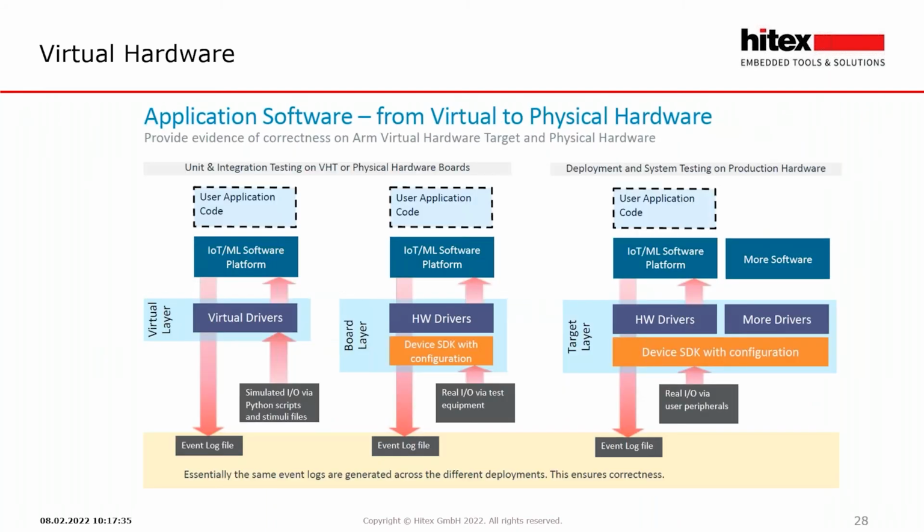So from that model, we have our virtual drivers, which we can run in simulation. We can then export that model to an evaluation board with matching hardware drivers, so we can run on a real device. And then we can migrate that out to our custom hardware with additional drivers that build up the full system.